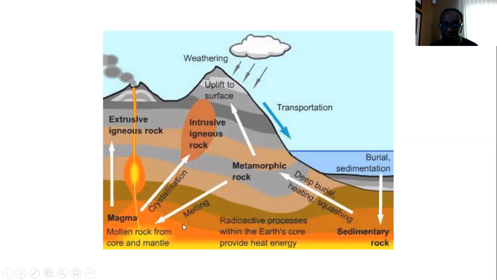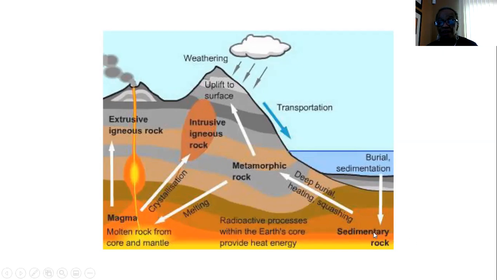It could melt. If it melts, we're going to get some magma from it. And if we get that magma, we can get an igneous rock. Some magma may find itself on the surface of the earth and become an extrusive igneous rock, or it might cool and crystallize below the surface of the earth, and we get an intrusive igneous rock.